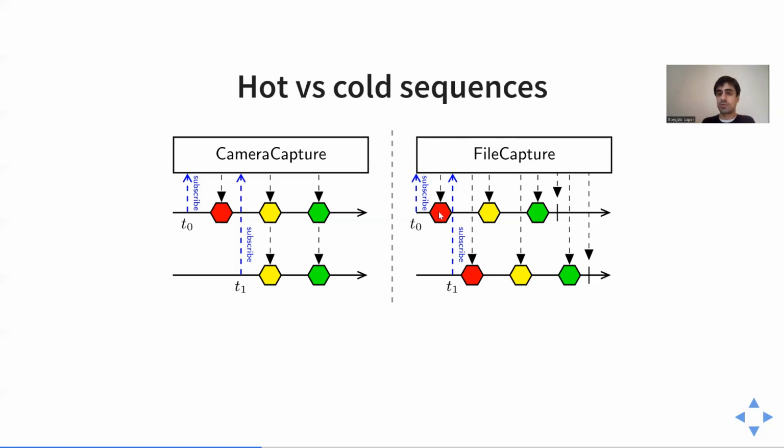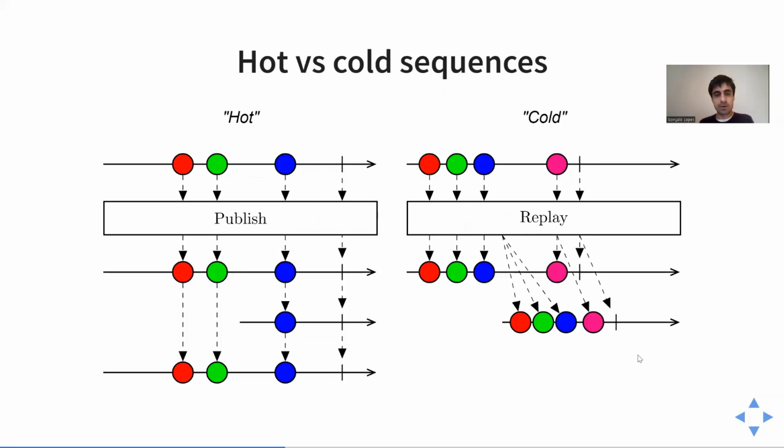So in fact, the two sequences, even though they are shifted in time, will receive the exact same data. In this case of file capture, a sequence that has this on-demand behavior is called a cold sequence.